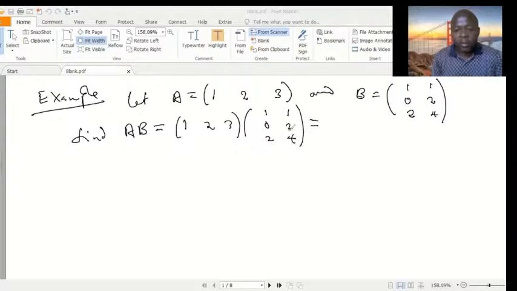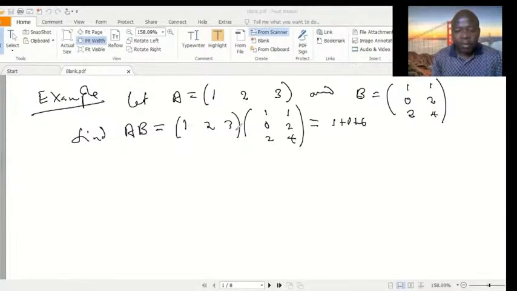When you multiply this element times this element, it is 1. This element times this element is 1. Plus this element times this element is 0. Plus this element times this element is 6. So I'm done with this row and this column.